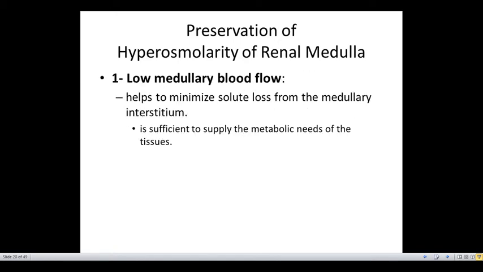First feature is low medullary blood flow. This helps to minimize solute loss from the medullary interstitium and is sufficient to supply the metabolic needs of the tissues.